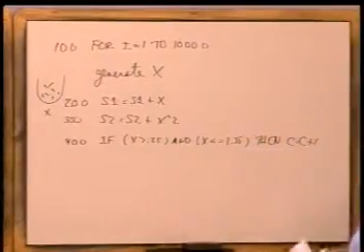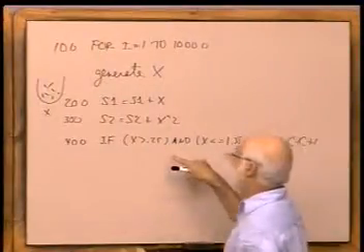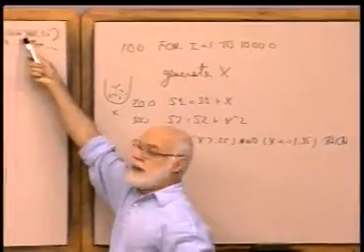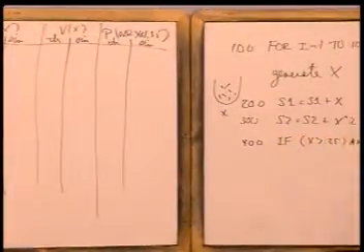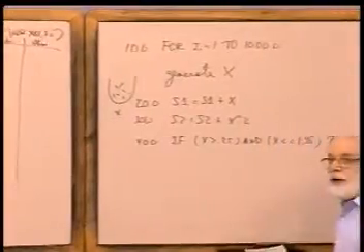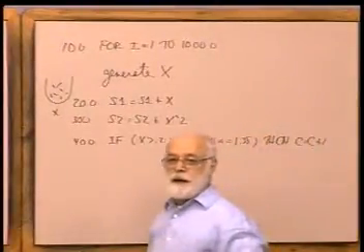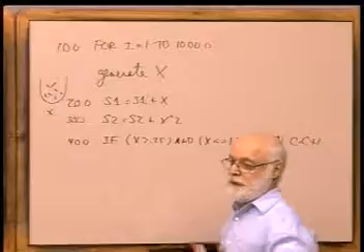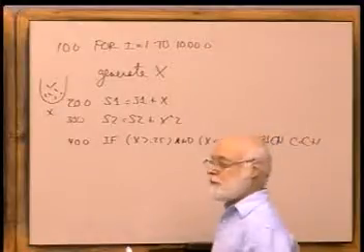So this instruction will simply count how many times X satisfies this requirement. And at the end, when I divide this by 10,000, that'll give me the fraction of values that satisfy that requirement, which then is the model for the probability, or actually probability is the model for that fraction.